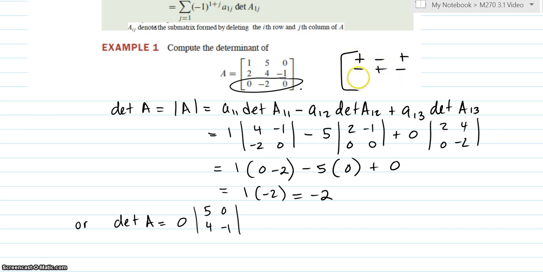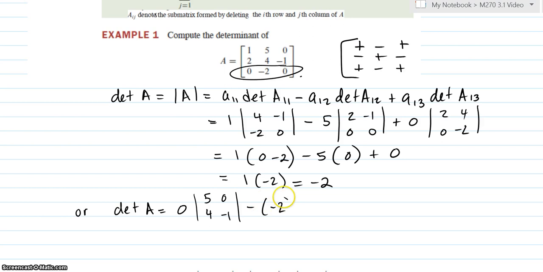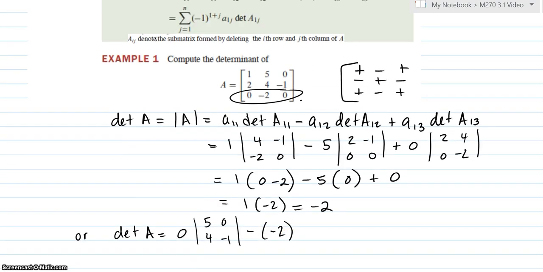They alternate like a checkerboard. So the last row you would do plus, minus, plus. So that 2 is going to be a negative with a -2. Whoops, I didn't write it. Negative from the formula and a -2. And you'll see why in the next theorem. But if you're doing the second row, you would have to do minus, plus, minus. So it's all a checkerboard.